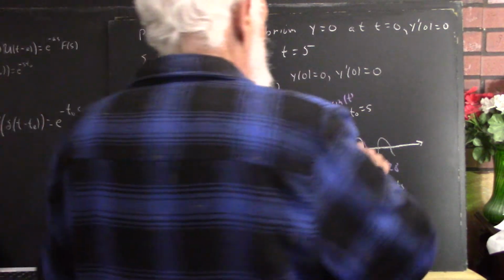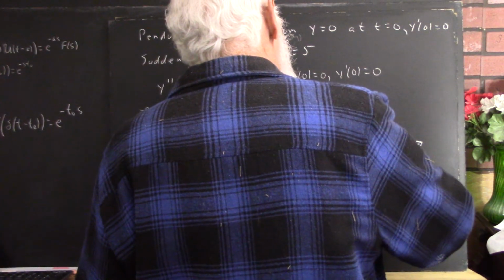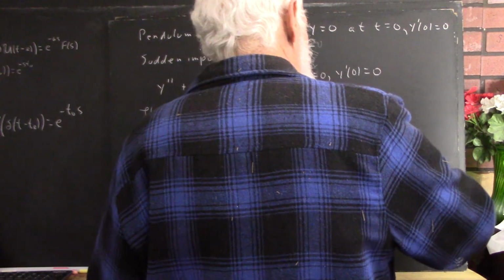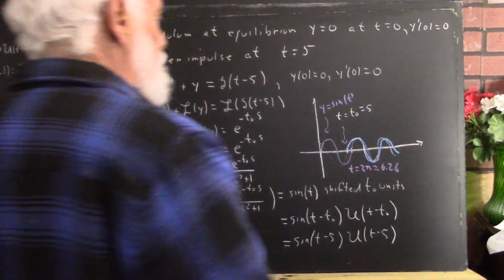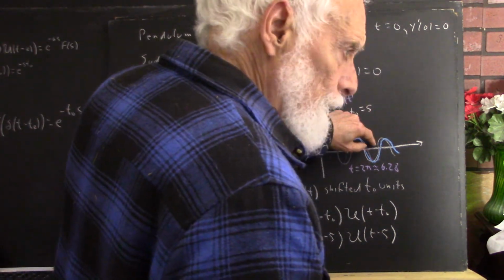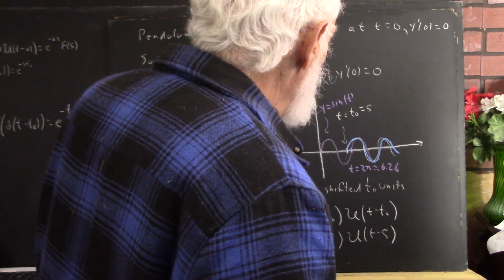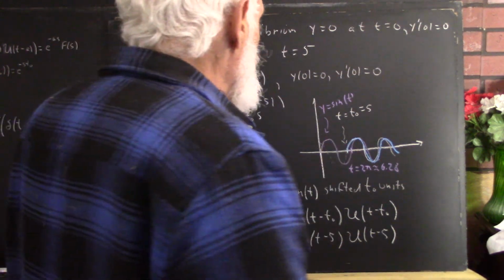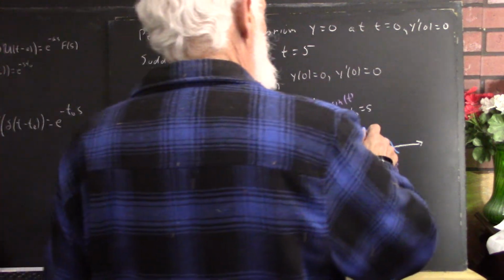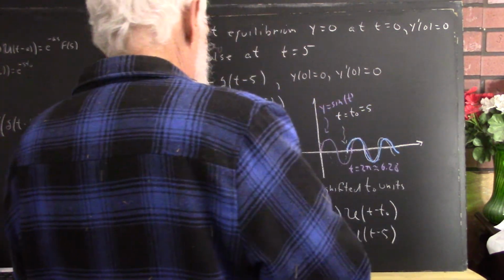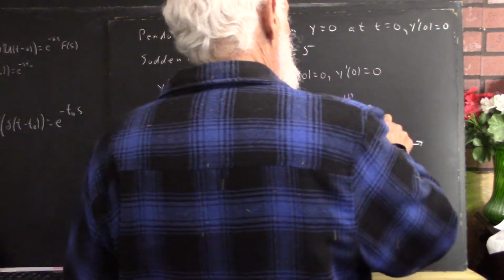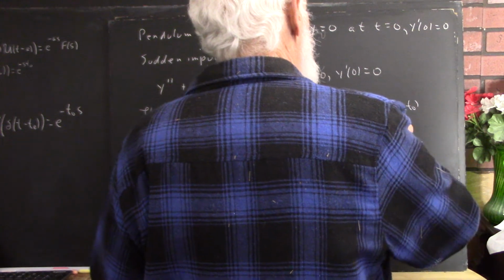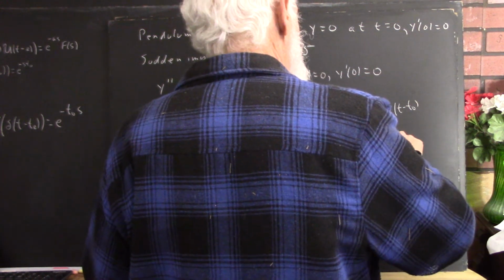is going to be, well, I'm kind of getting out of sync with my picture of the sine function. But anyhow, there it is. First the white function is this.